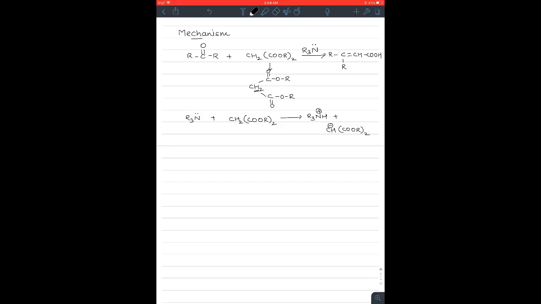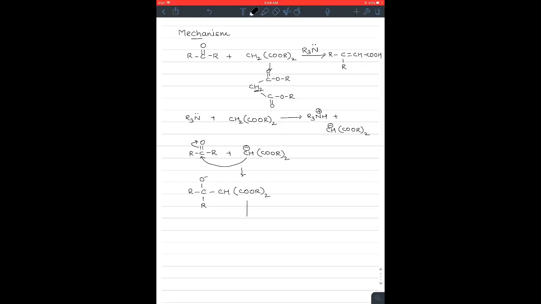And this carbon with negative charge will behave as nucleophile in this reaction, and it will attack on the carbonyl carbon, and electron will be shifted to oxygen. So the product which will be formed will look something like this. O minus, this is R, then over here we'll have CH, then COOR whole twice. I hope it's clear.